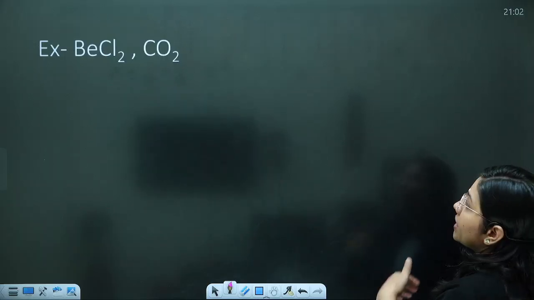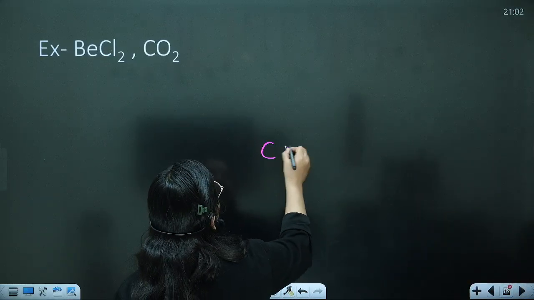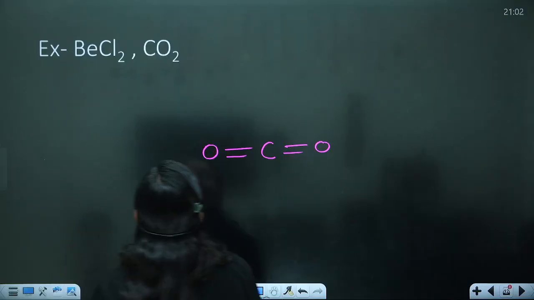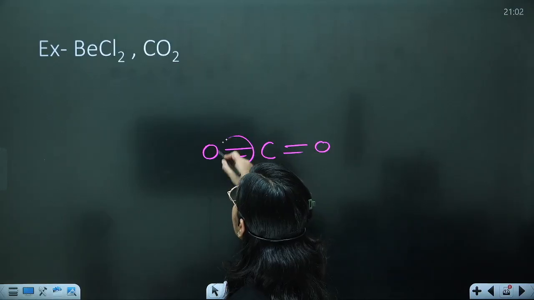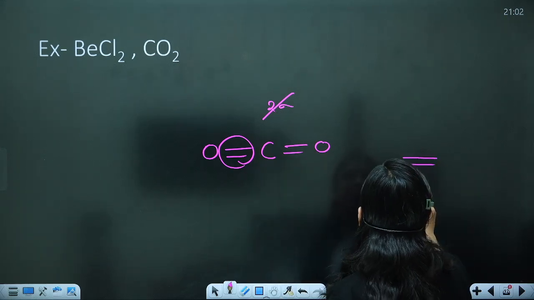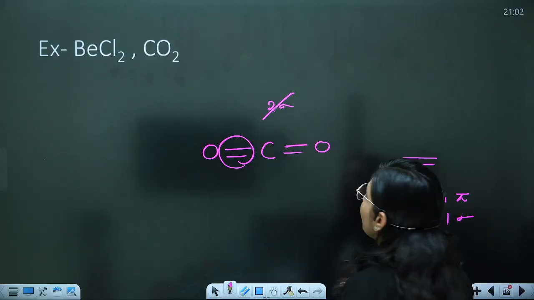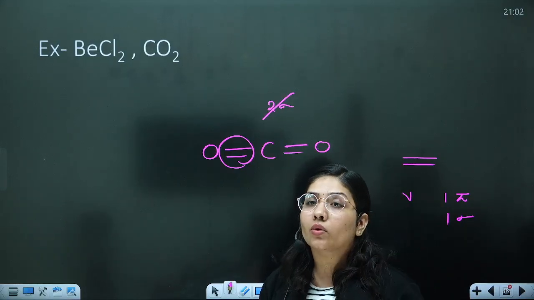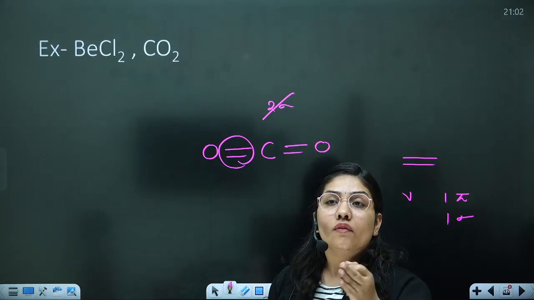Now coming to the next example, if you make CO2, C double bond O, C double bond O. Here also I have told you that we will not count it as 2 sigma bonds, because one double bond means 1 pi and 1 sigma bond, and while we were talking about the hybrid orbitals, we have only counted sigma bonds and the number of lone pairs present.